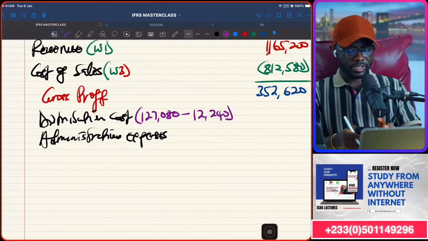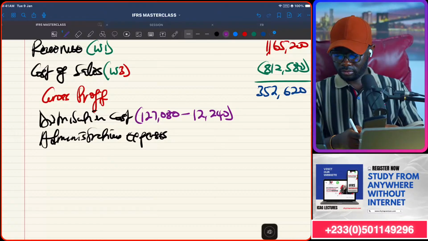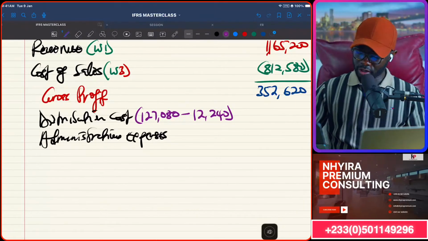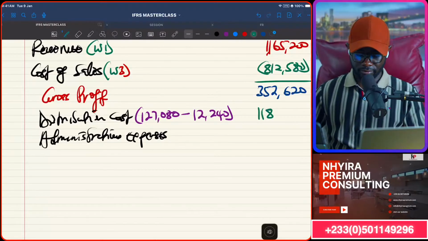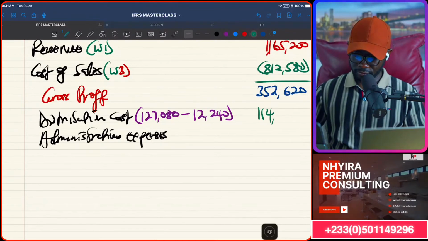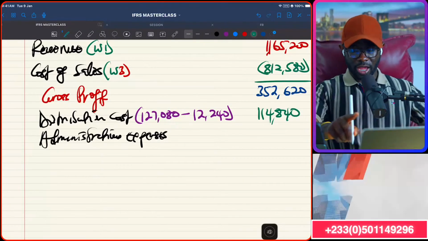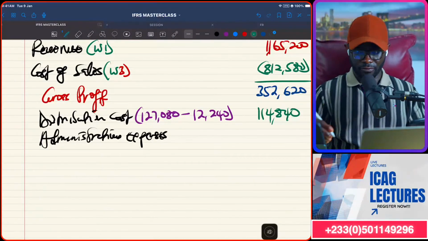So we subtract it up, and that is 114,840. So this is what I meant by doing the workings on the face.